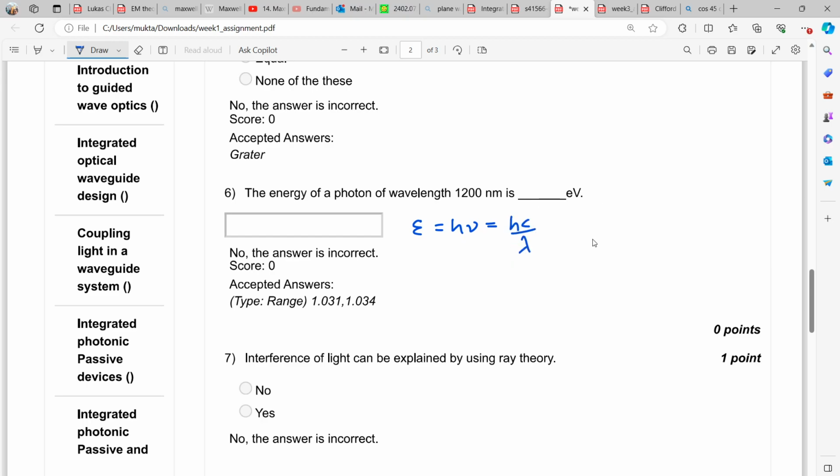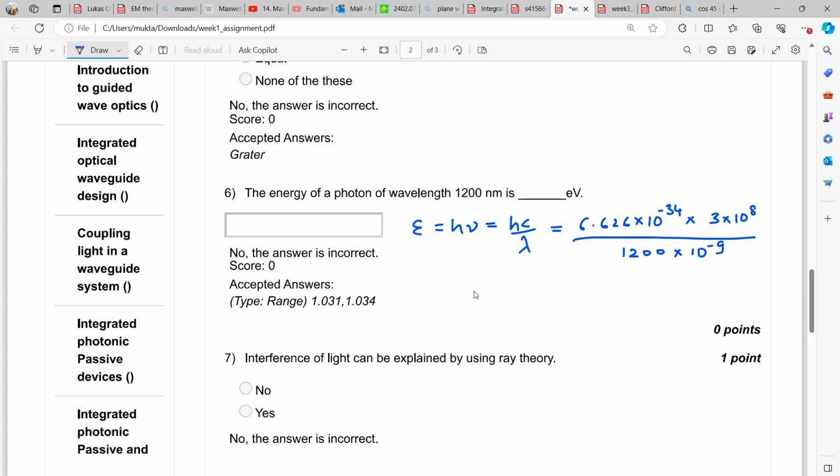So now it's just a matter of substituting in the formula. H is 6.626 into 10 power minus 34. C is 3 into 10 power 8, divided by 1200 nanometers, 1200 into 10 power minus 9.